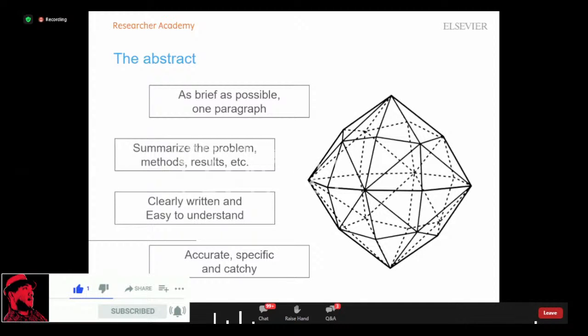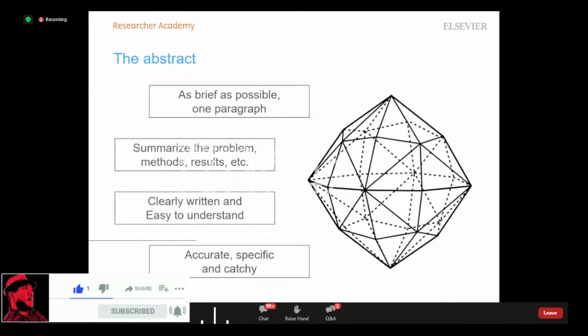So the abstract should be really short. It's always freely available in abstracting and indexing services such as the Web of Science, PubMed, Medline, Embase, and Scopus. And it's a single paragraph in general. What it should do is be a summary of the problem, the methods, the results, and the conclusion.